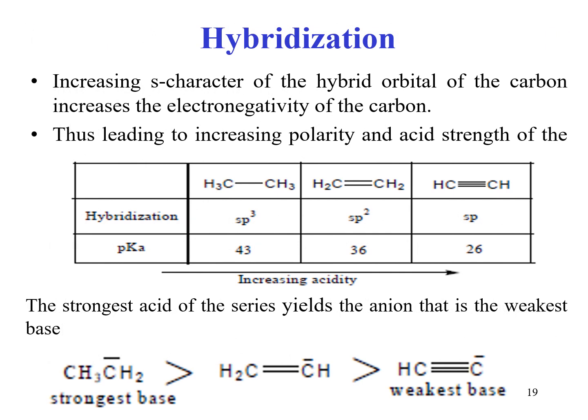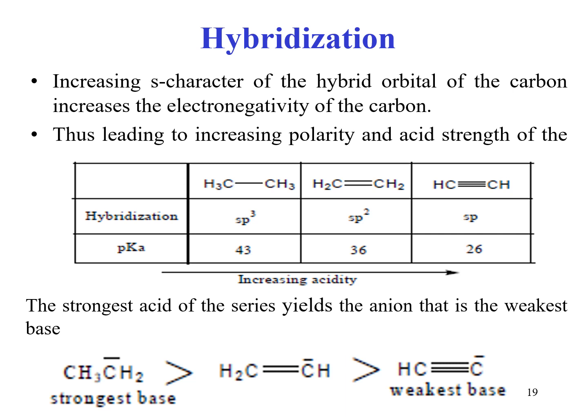In terms of hybridization, we are talking about S character. S character determines the acid strength. The higher the S character, the more acidic, because it leads to high polarity and an increase in acid strength. That is why sp3 has the least S character, while sp has the highest. In sp we have a ratio of S and P of 1:1.